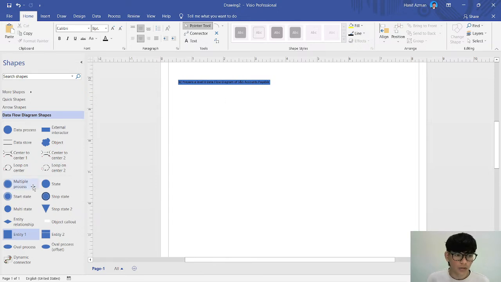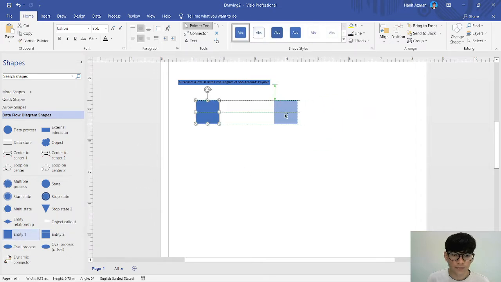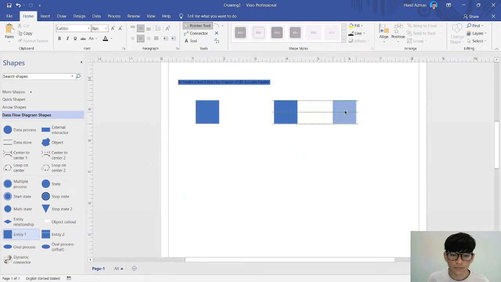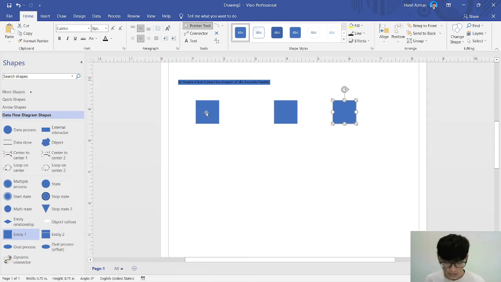First of all, I use the data source and destination. This is the data source and destination. A data source is the entity that produces or sends data into a system, and a data destination means the entity that receives data produced by the system.